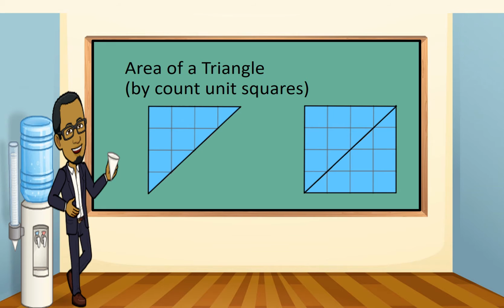As you can see, this is also half of the area of 4 multiplied by 4. Therefore, we can say that this triangle is half the area of a square, or half of 4 multiplied by 4.